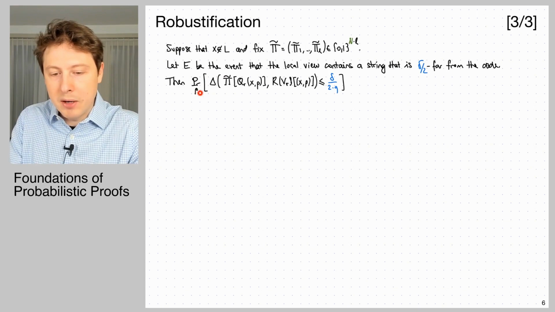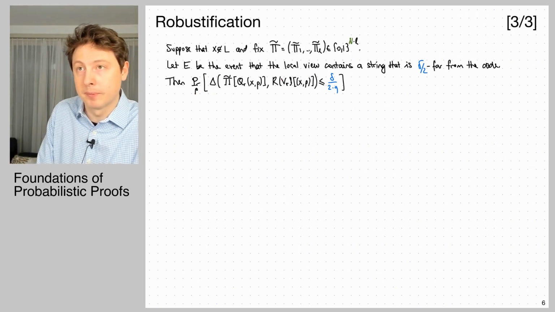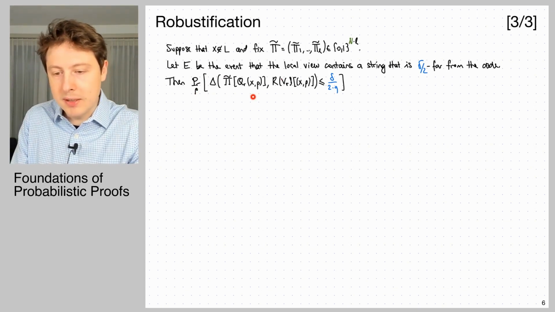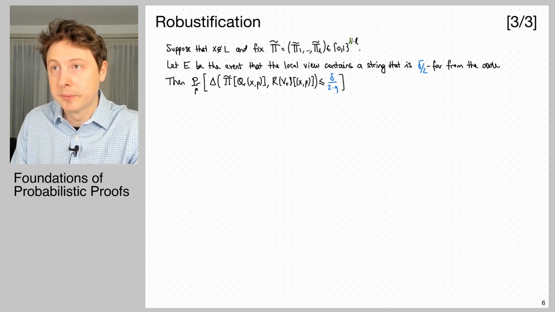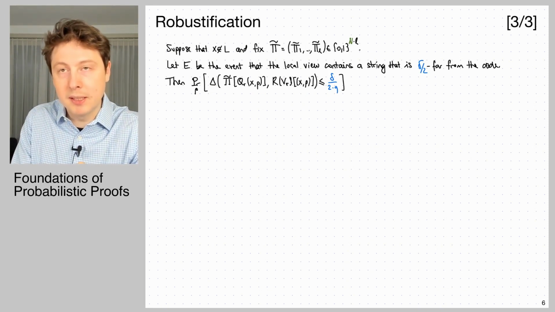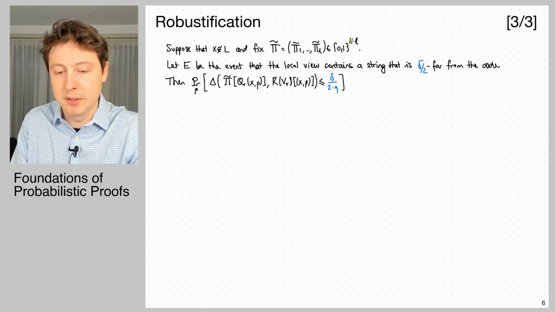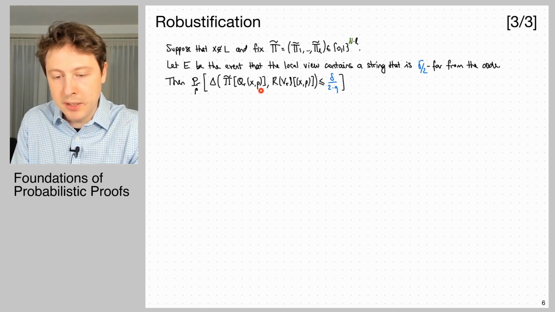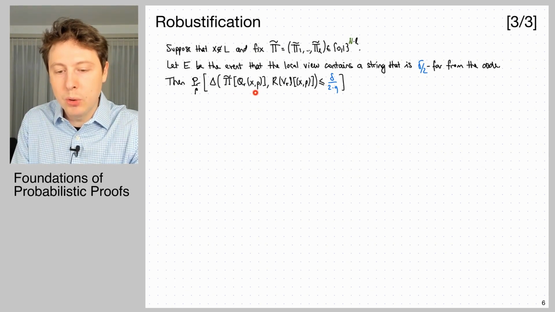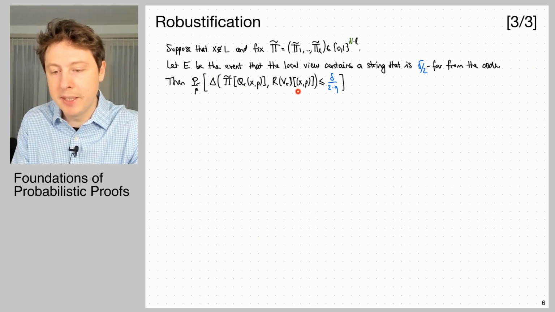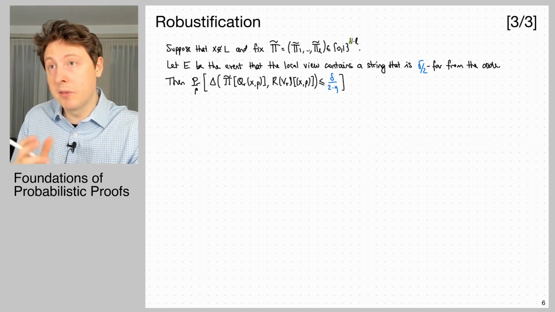So we want to upper bound this probability. Are we clear that this is what we want to do? Remember, this capital delta is measuring binary Hamming distance, on a string of qn bits. We're comparing it against accepting strings of qn bits, which always consist of strings that are all in the code, because the verifier checks that.